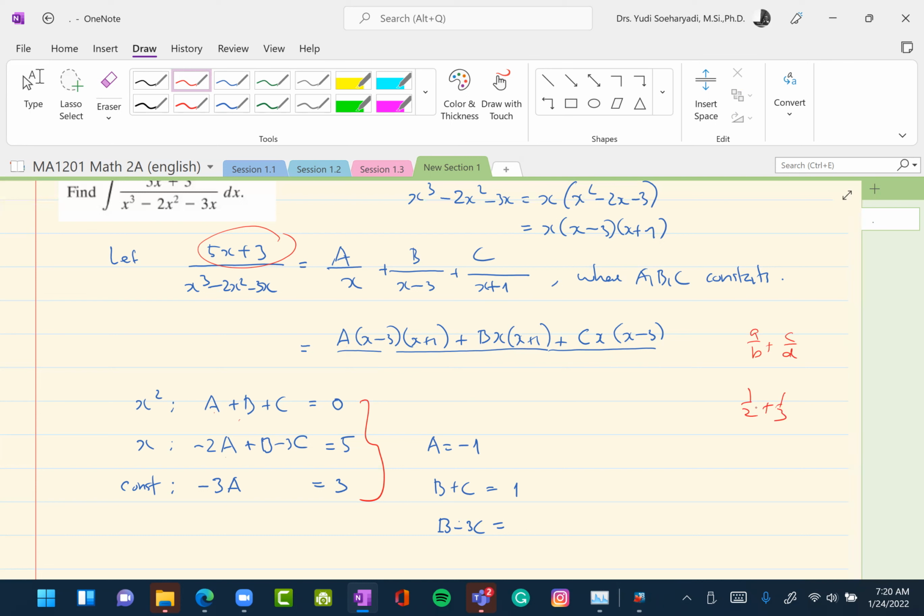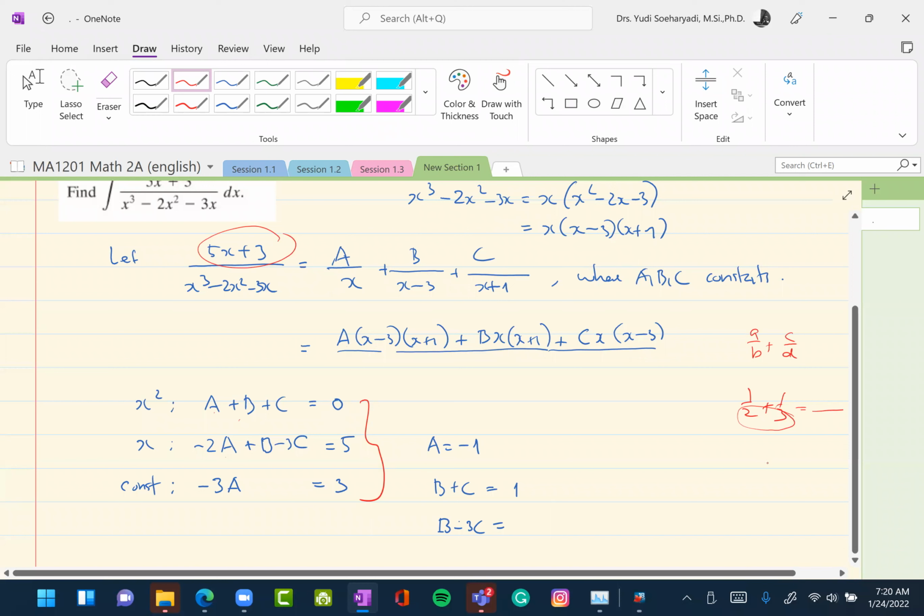You would try to match the denominators. What do you call this one? Over what? One half plus 1/3, so what do you need to put here? 6. Why 6? Oh, the common denominator.